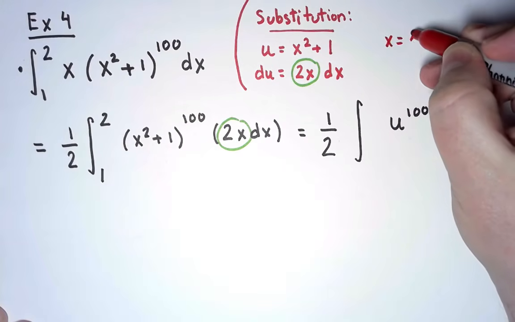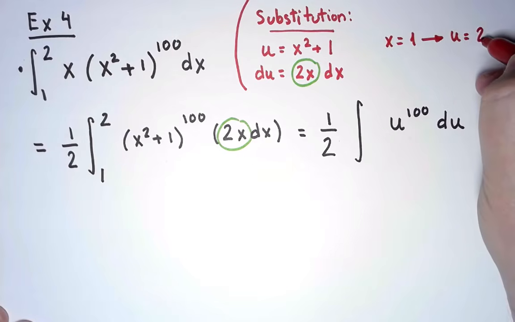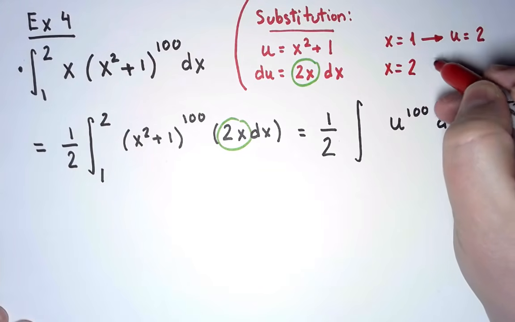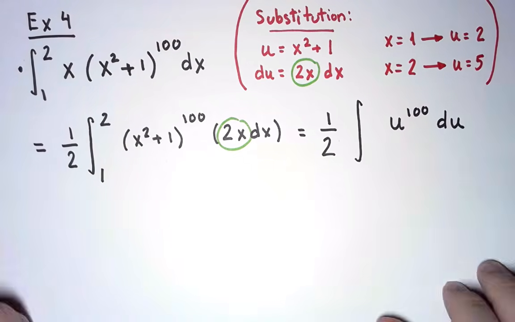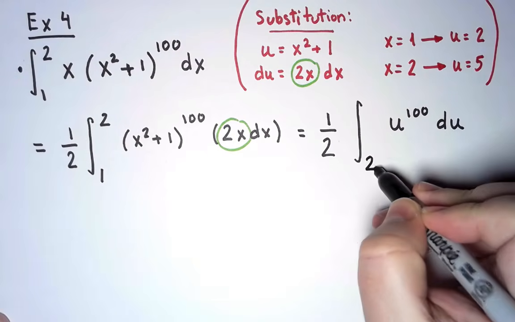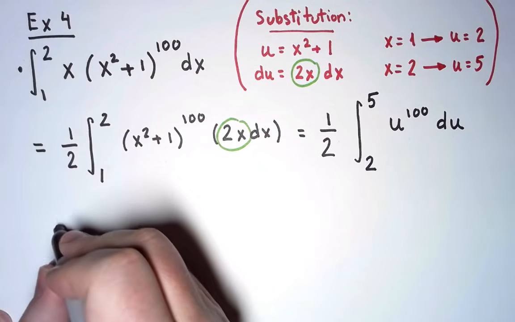When x equals 1, u equals 1 squared plus 1, which is 2. And when x equals 2, u equals 2 squared plus 1, which is 5. So my new integral goes from 2 to 5. Now that that is done, I can find an antiderivative for this function.